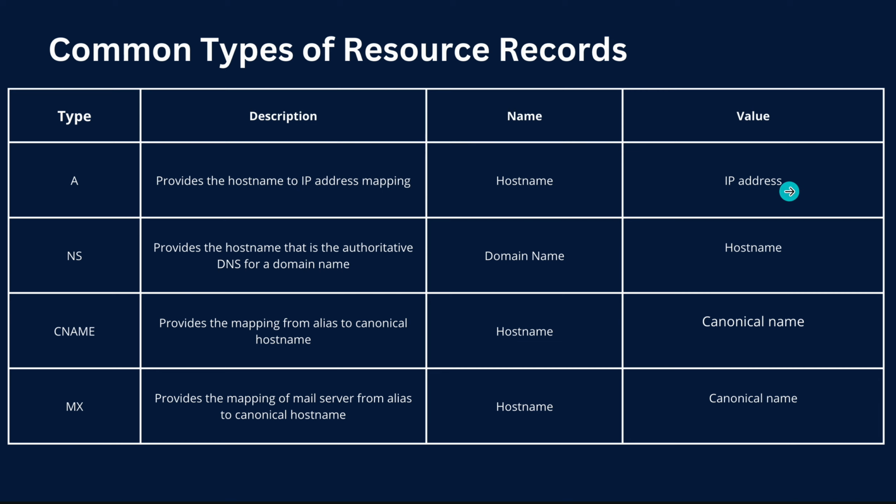Whenever you have some server, you put these details. Basically these records are maintained where your domain is registered, whether it is an A record, NS, CNAME or MX. You can buy a domain. What is the meaning of buying a domain?